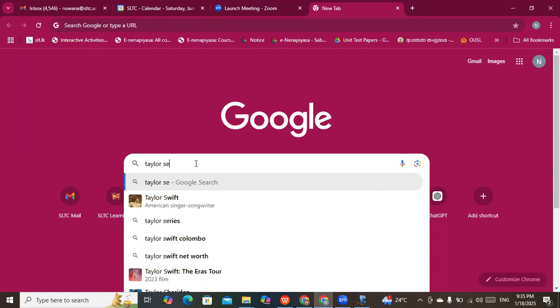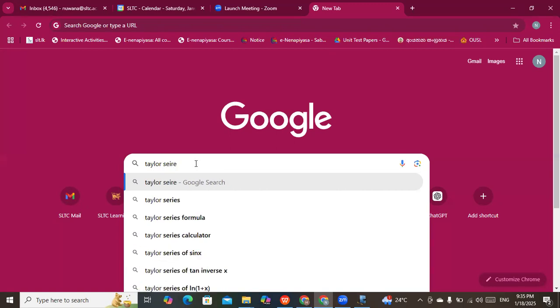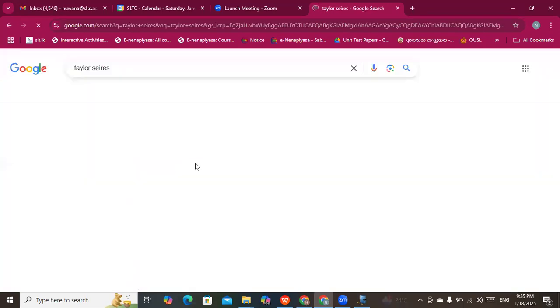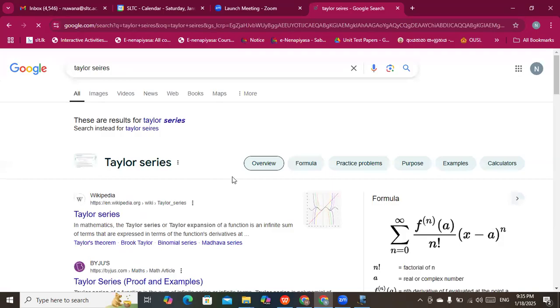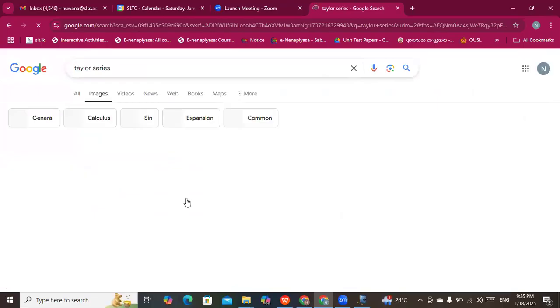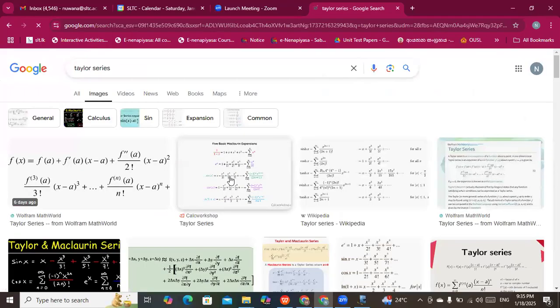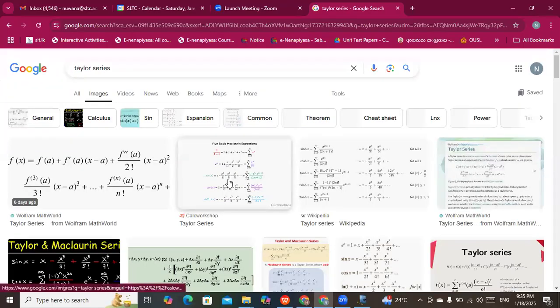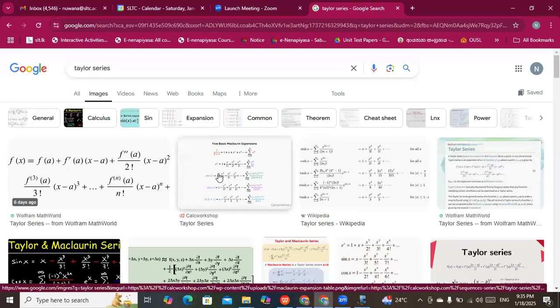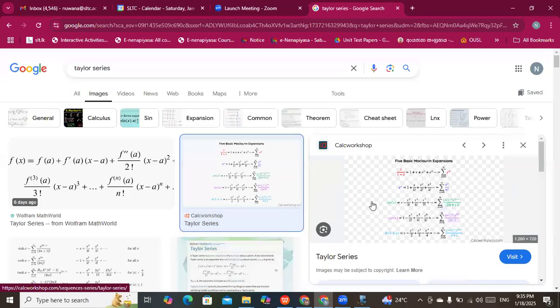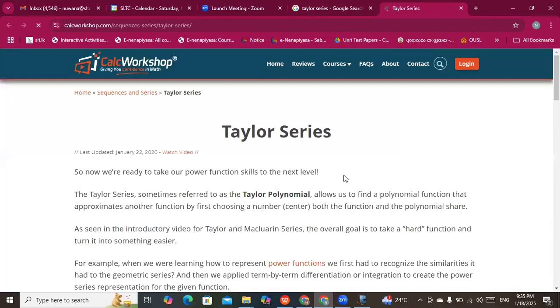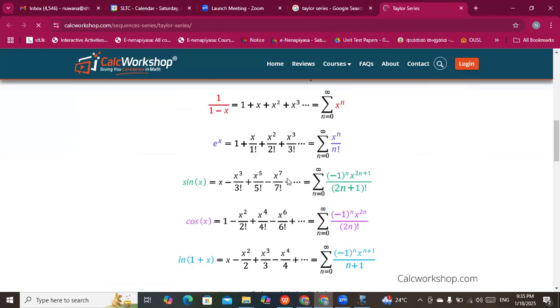If you are somewhat familiar with Taylor series, maybe it may be easy. For example, Taylor series also represent the same thing. Normally I'm using this one.